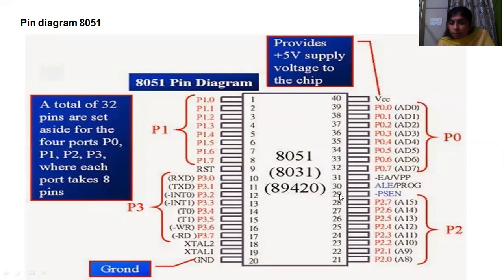Then pin number 29, pin number 30, address latch enable. Then pin 31, VPP supply. Then pins 32 to 39, port 0 is there, and pin 40 is for VCC supply. This provides plus 5 volt supply voltage to the chip.